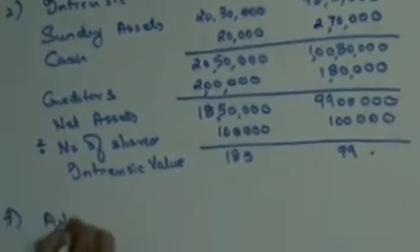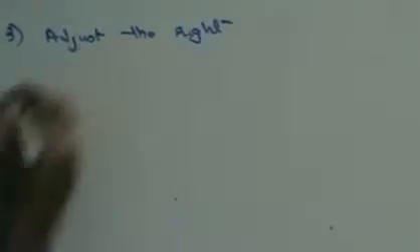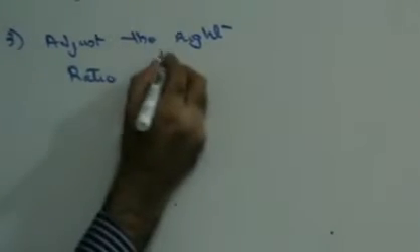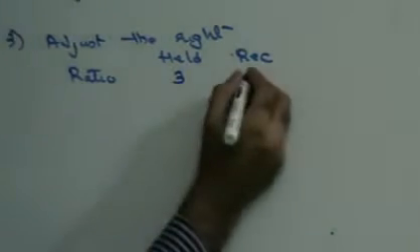Let's see how I adjust the rights. First, let's find out the ratio. It was decided that the holders of every 3 shares in Chaitanya Limited were to receive 5 shares of New Wave Limited.